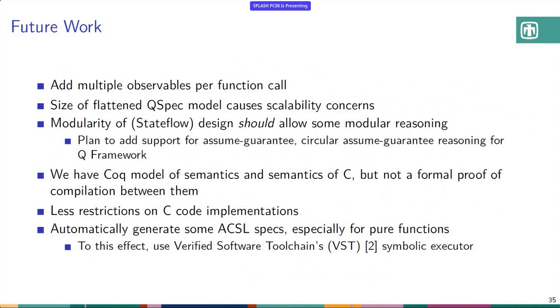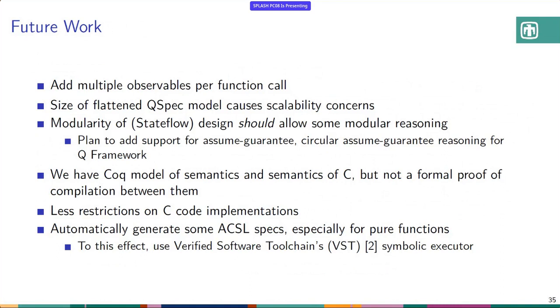So one would hope that the modularity of the system designs would allow some modular reasoning. Of course, you can fall into pitfalls here. One of the plans we want to work with is using assume-guarantee reasoning, or maybe circular assume-guarantee reasoning. We don't have a formal proof of compilation. I think that's interesting research that we can look into.